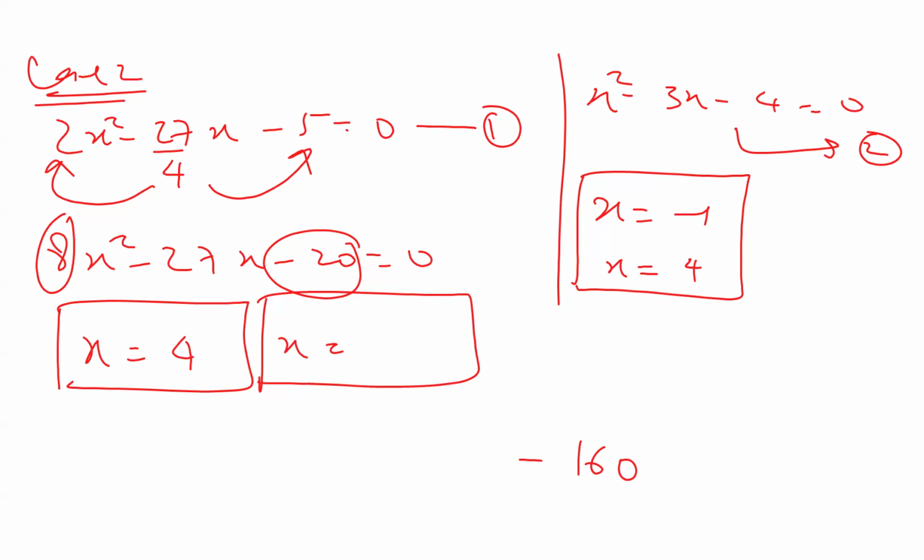So factorize this. If you can't factorize, then use the formula method. The other value of x will not be -1, it will be some other value, okay? Because they have only one root in common. So you can solve this on your own. If you're not able to solve, use the formula method and solve it.